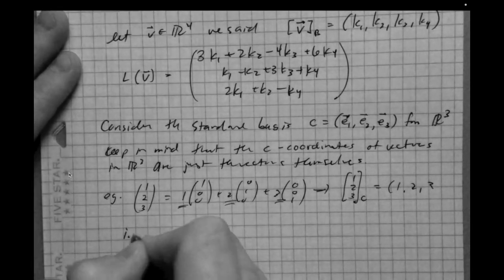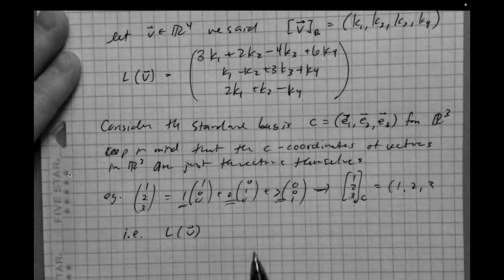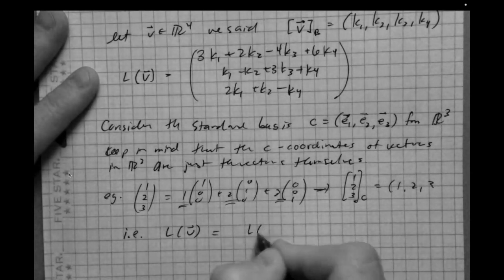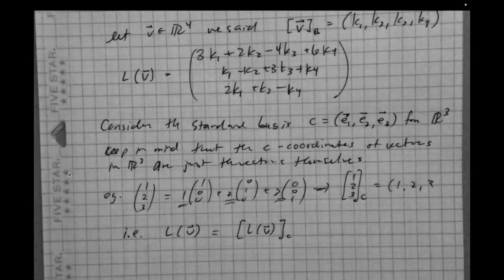So what does that mean? Well, it means that if I take V and apply L to it, then I get L of V coordinatized under C, and that's because it's a standard basis.